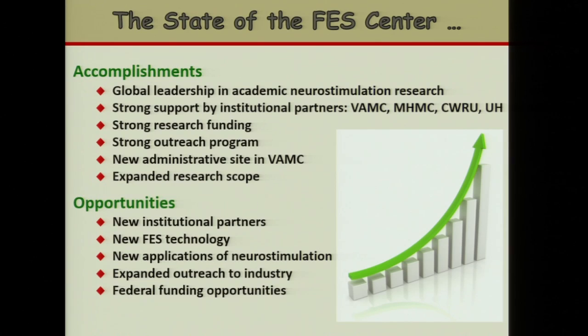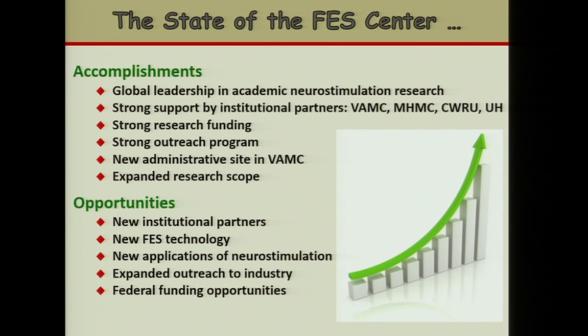Okay. So what's the state of the FES Center? Well, I think it's really good. We have a lot of things on the upswing. Our funding is up. The number of investigators is higher. The kinds of things that we're doing are expanding. So I think the outlook is very good. In terms of accomplishments, we do have global leadership in academic neurostimulation research.